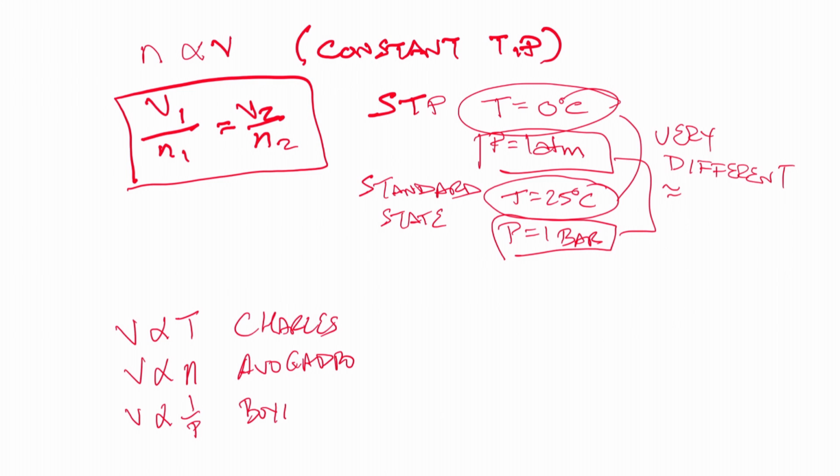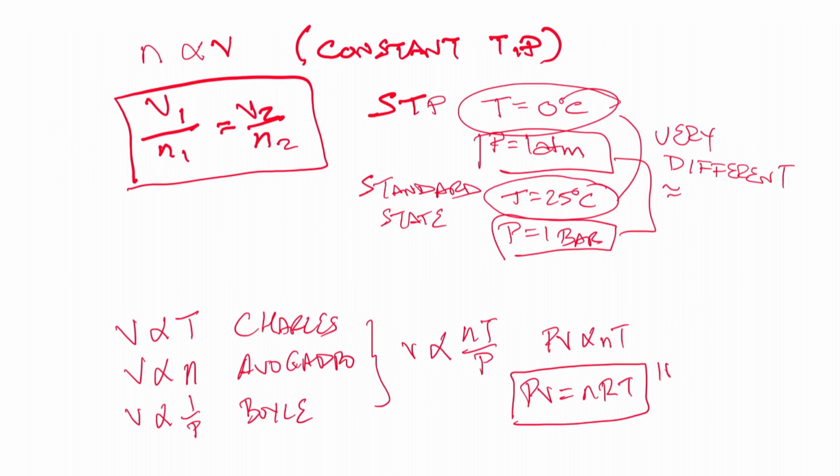That was Boyle. So if I take all of these things together, I can combine them into one proportionality. Volume should be proportional to nT over P. If I rearrange this, I get that PV should be proportional to nT. And if I want to make this an equation, I can say that PV is equal to nRT.